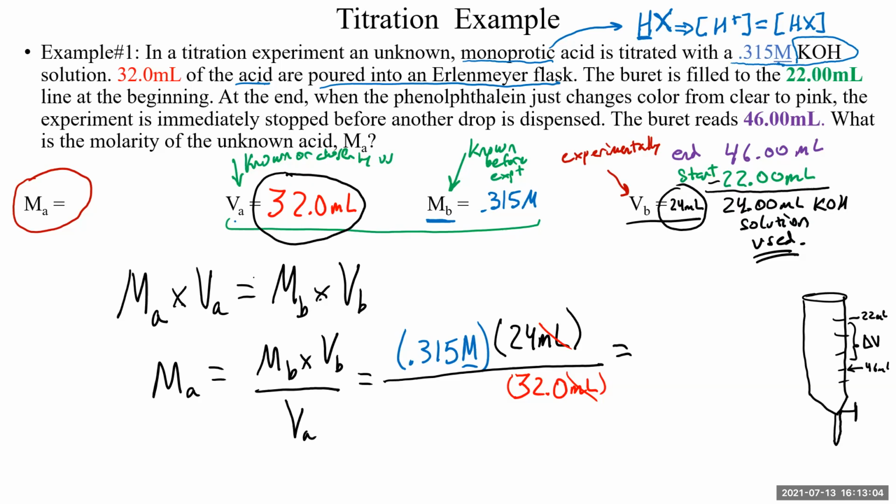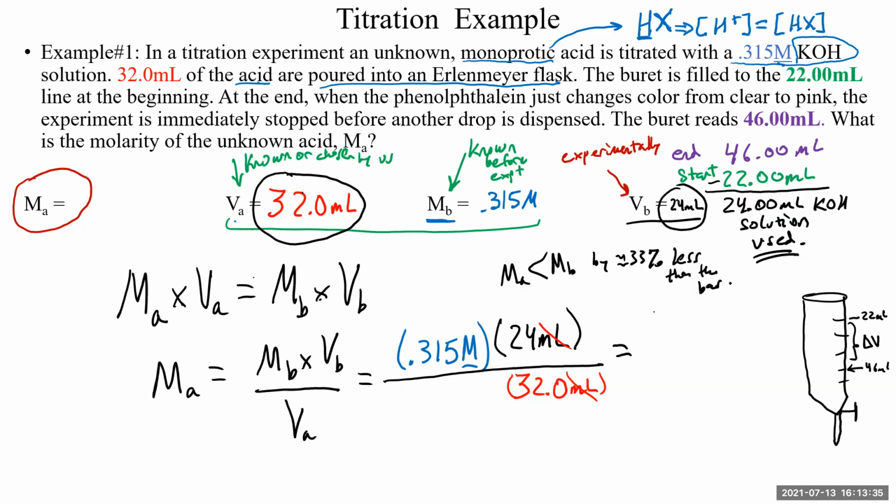So my guess is that our molarity of acid is probably going to be less than the molarity of base by about, let's see, it's 8 milliliters less, or approximately 33%. So I'm going to guess that the molarity of the acid is about 33% less than, not 33% of, but 33% less than the base.